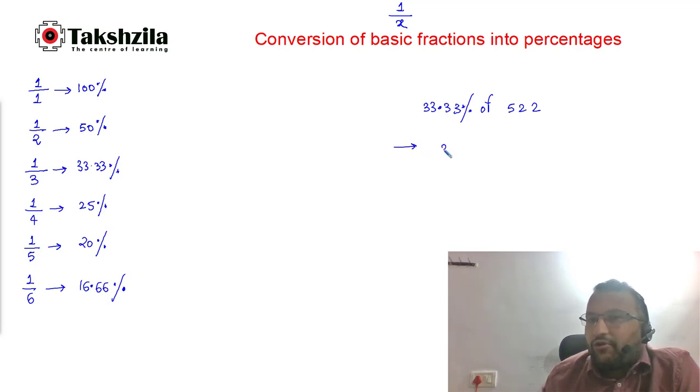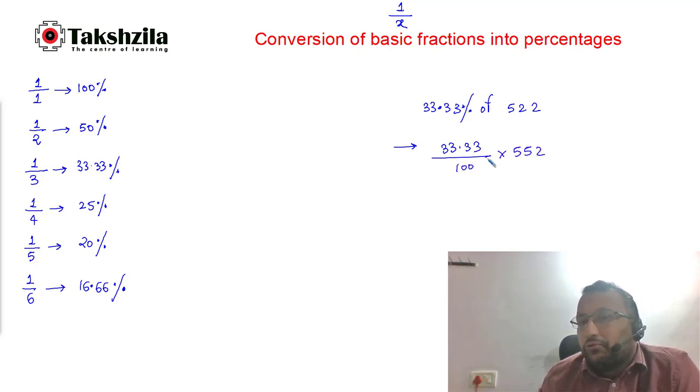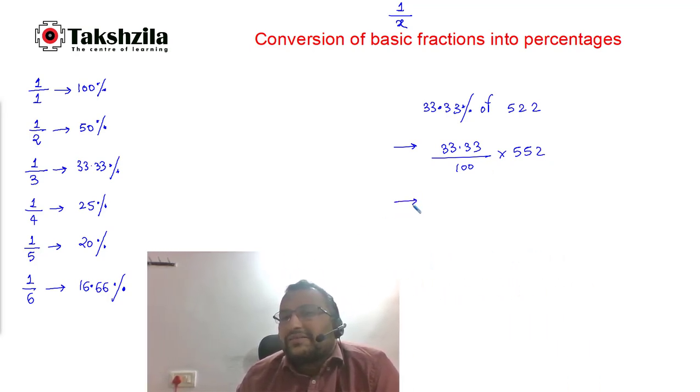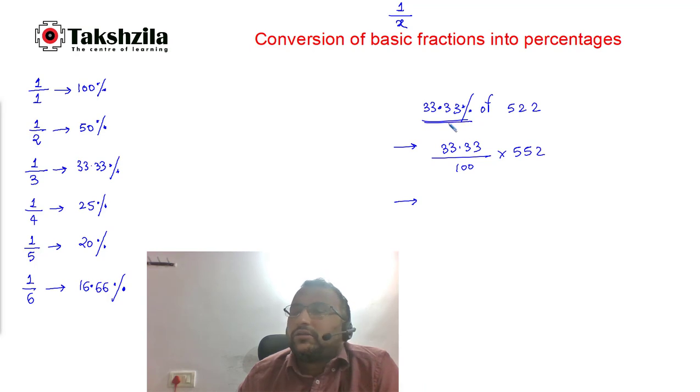Our traditional calculation is 33.33 divided by 100 into 522. Now you cannot afford to do this calculation. So you need to remember that finding 33.33% of a number is nothing but multiplying that number by 1 by 3. So 1 by 3 of 522, that is going to be 174.